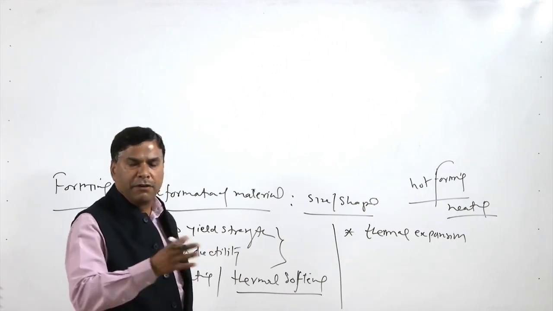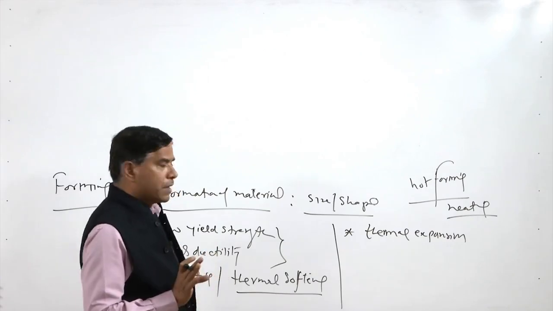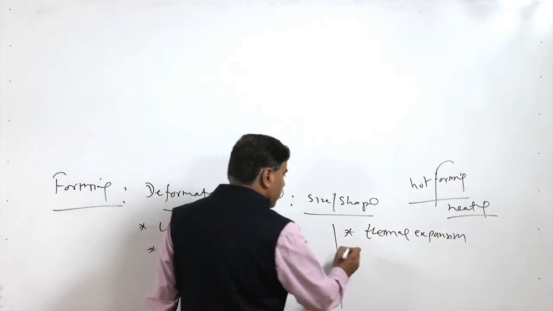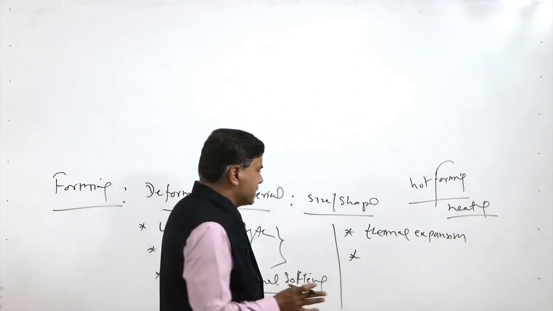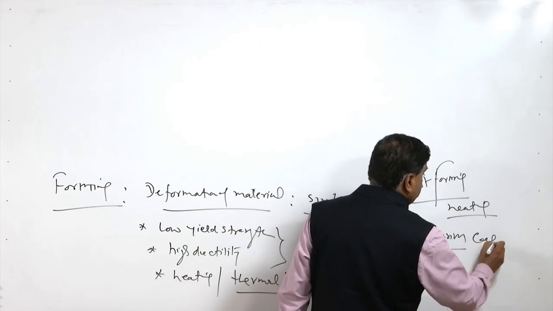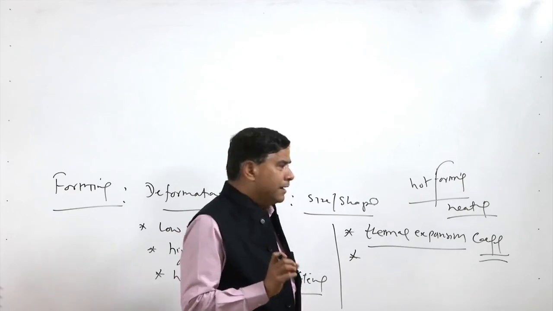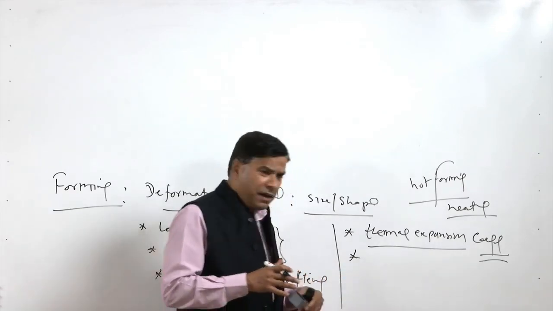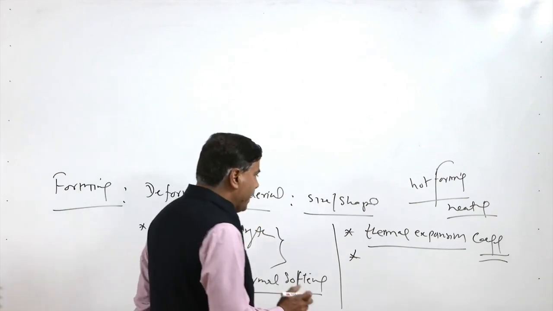After the deformation it will shrink during cooling to room temperature, and that will lead to problems associated with poor control over the dimensions. So, the thermal expansion coefficient of the material becomes important for having control over the dimensions. If the material has a very high thermal expansion coefficient, then the control over the dimensions will be poor.